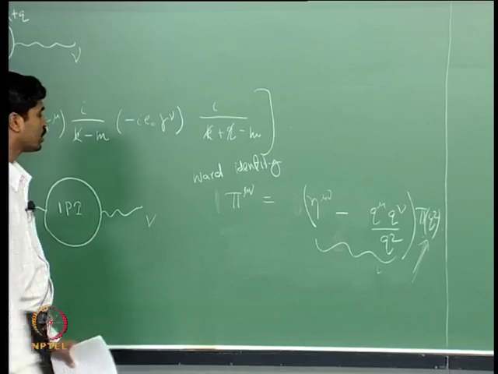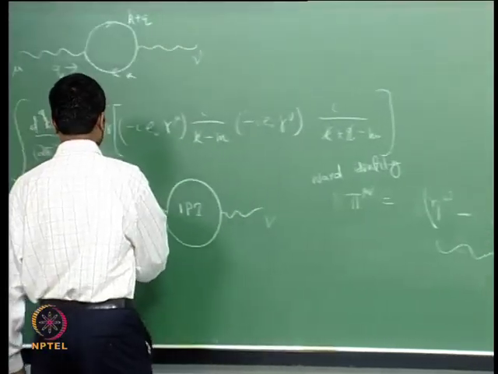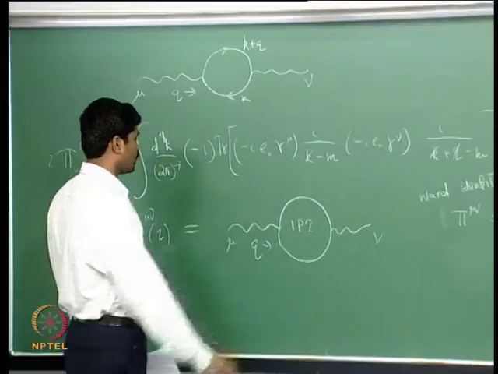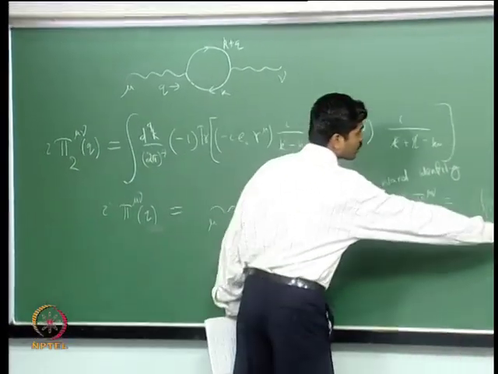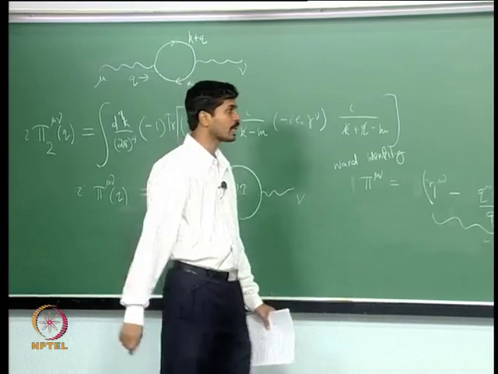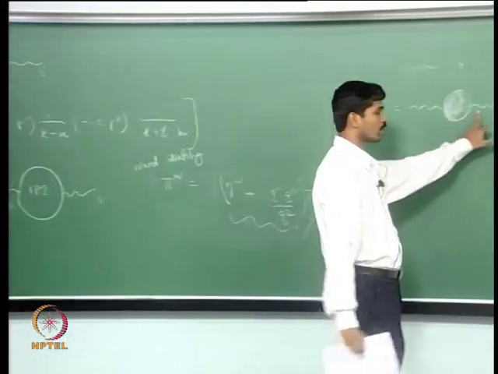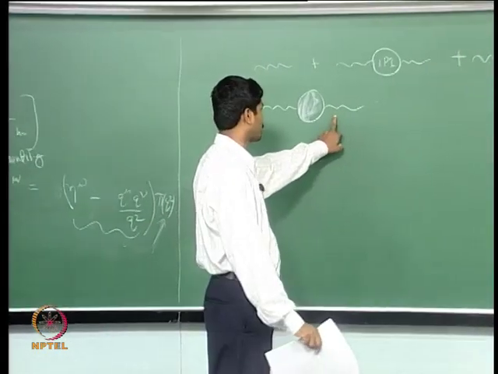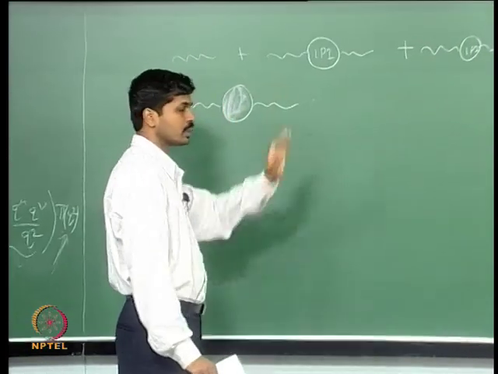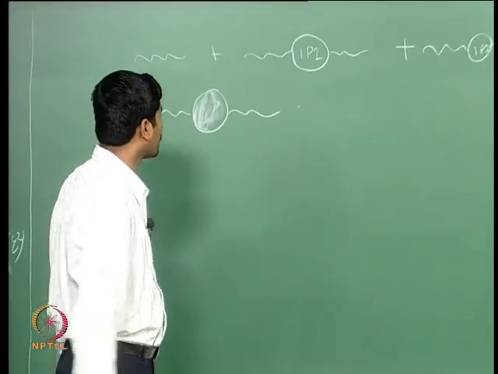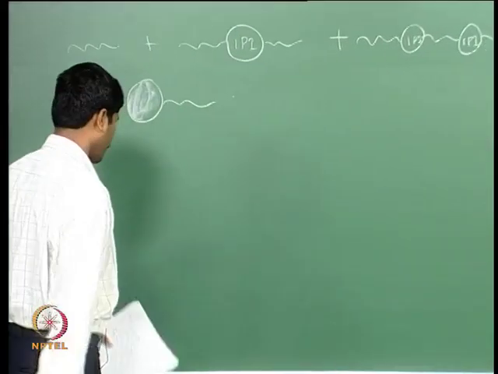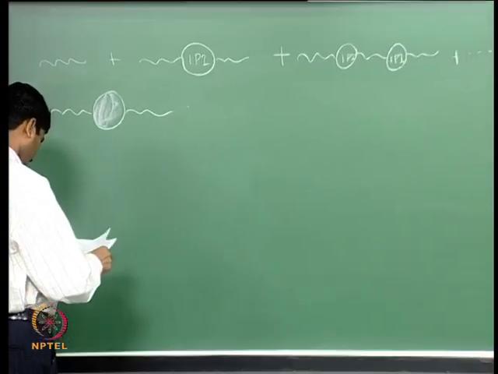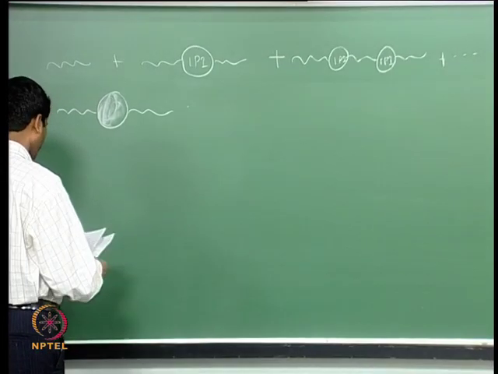So, once we know that the one particle irreducible diagrams will give a contribution which is of this form, we can now come back and compute the full propagator, the exact propagator to all orders in perturbation theory, by summing over all such diagrams, and this is given by.